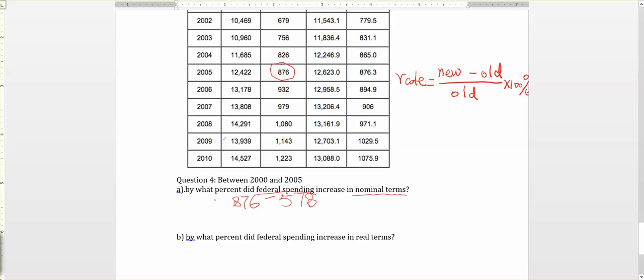Then, based on the formula, we need to divide it by the old number, which is the federal spending in 2000, that is 578, and times 100%.